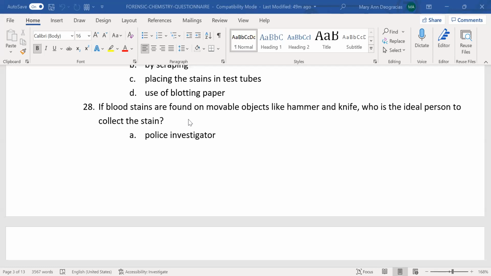Ayun. Malinaw na? Hindi tatanggalin ni investigator yung blood sa hammer kasi movable object yan. Yan mismo yung isasubmit. Hindi mo pwedeng iwanan yung hammer sa crime scene. As a SOCO investigator, you have to collect that.